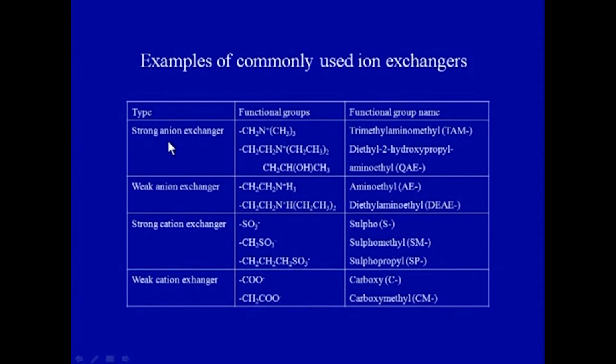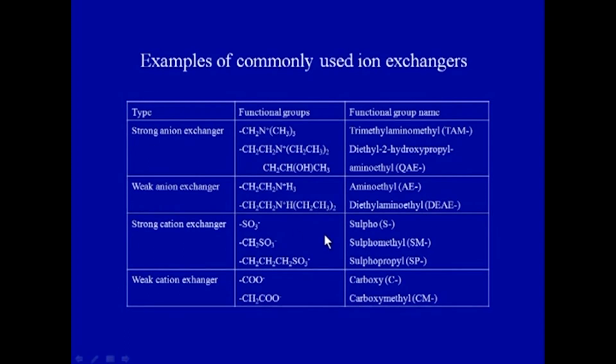Some examples of strong anion exchangers are trimethyl aminoethyl, which is also called TAM, and diethyl 2-hydroxypropyl. If you say weak anion exchangers, then aminoethyl and diethyl aminoethyl, DEAE, are weak anion exchangers.